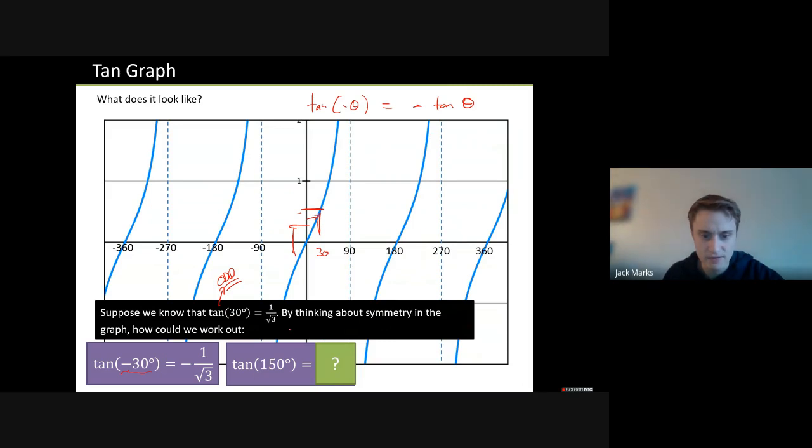Tan of 150, so what I like to do if there's a large number, because it repeats every 180, instead of looking at 150, you can take 180 off it, which will give you minus 30, and we just work that one out. You get the same answer. You'll get minus 1 over root 3.